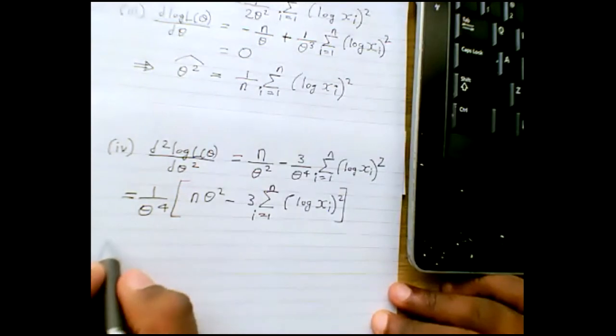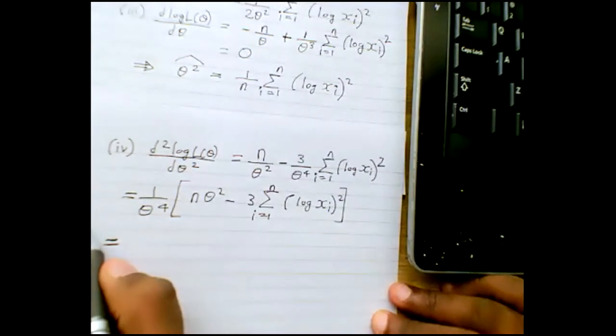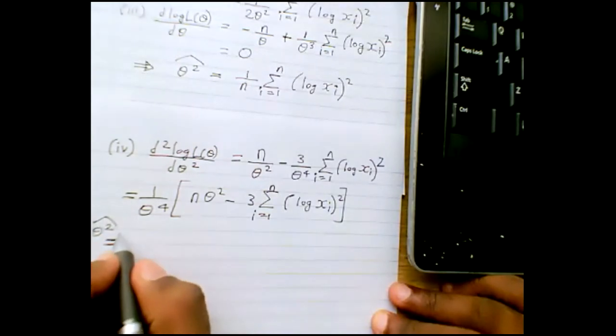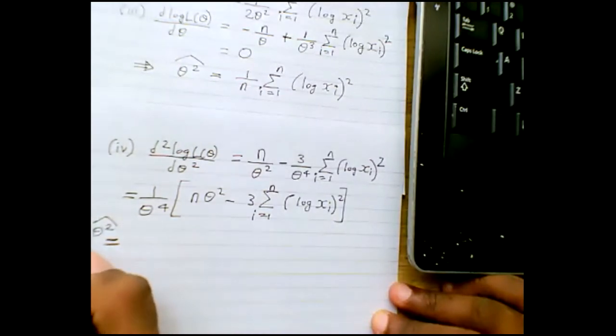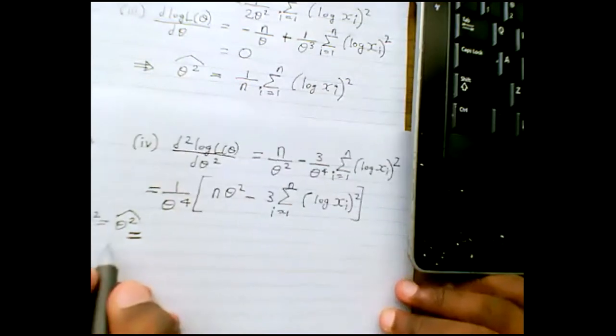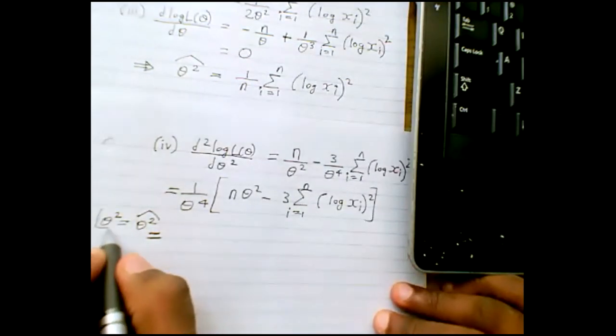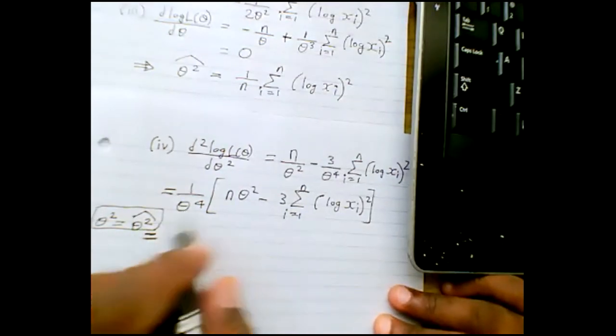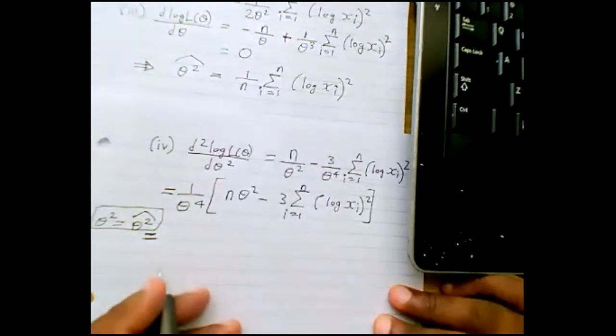Now I'm going to replace theta squared by theta squared hat. Can you see it? I'm going to replace theta squared by theta squared hat, which is given by this, right?